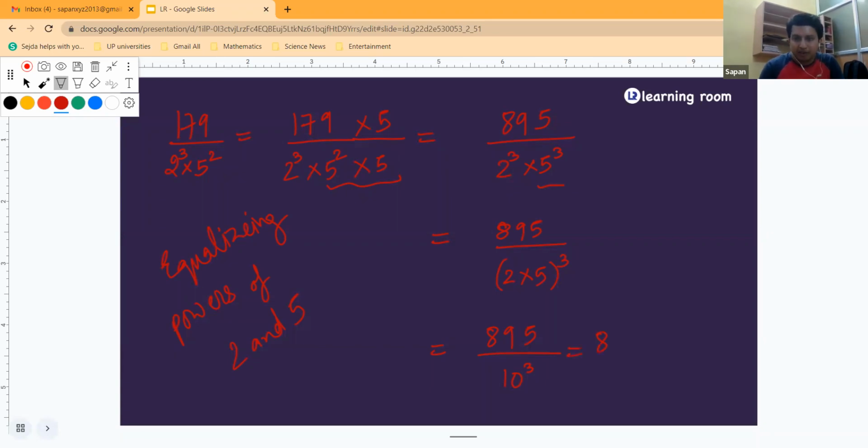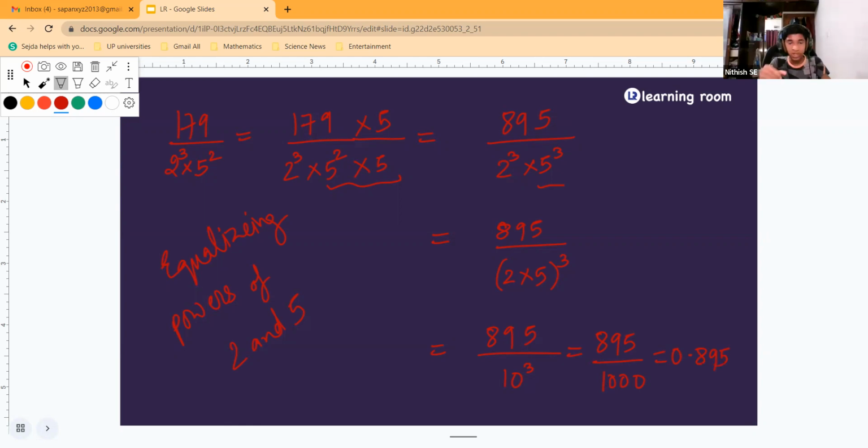And I can now write this as 895 divided by 1000, which is 0.895. If it's 2 cube into 5 power 1, I have to multiply both the numerator and denominator with 5 square.